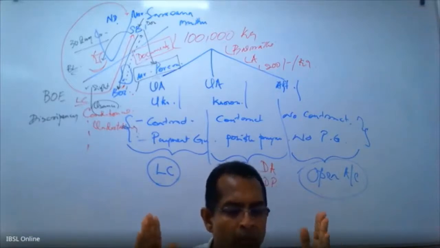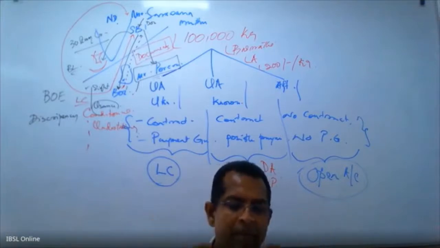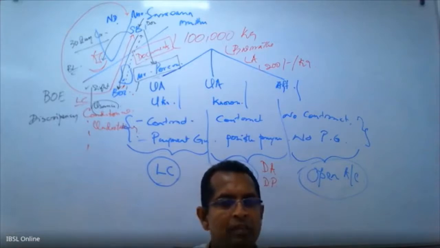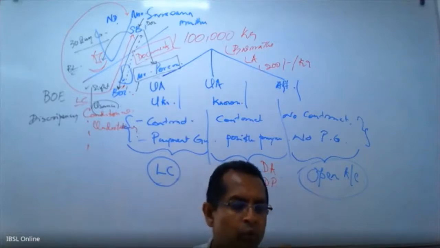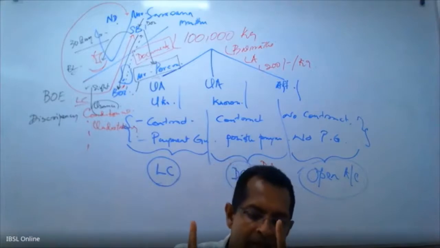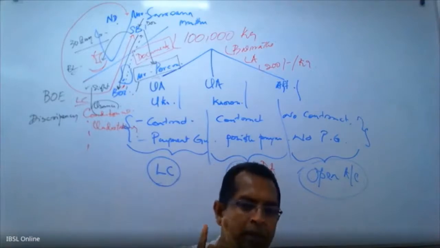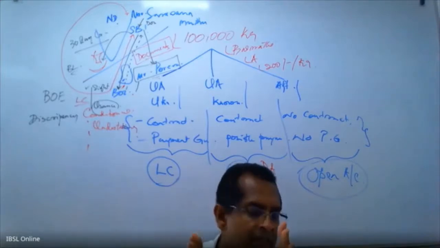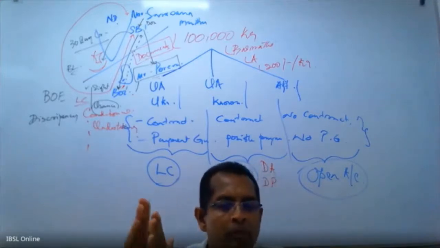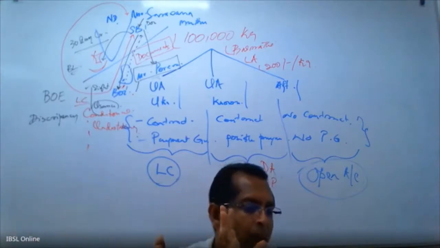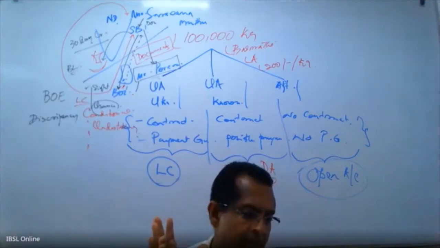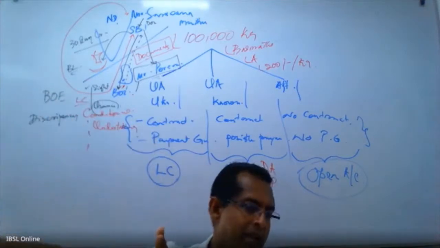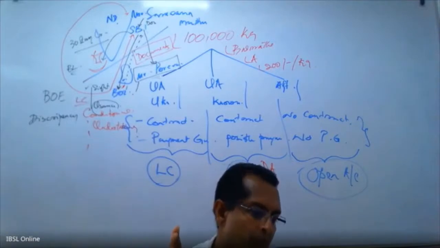Within this, the customer gets a usance LC. If the usance LC is for 60 days and your working capital cycle is 120, your post-import finance period would be only 60 days. If your usance is 120 days, you don't give post-import finance.